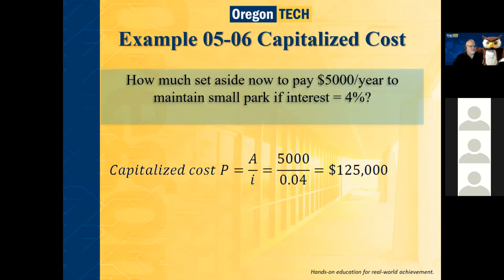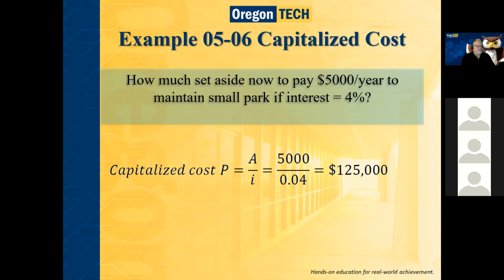Well, here's the thing. Okay, how much must we set aside now? How much do we have to put in the bank today so we can pull out $5,000 a year forever? I'm not going to go through the derivation. The book's pretty simple on it, but essentially you have this P for principal we have to put in the bank today to get an annuity of $5,000 a year at 4% interest.